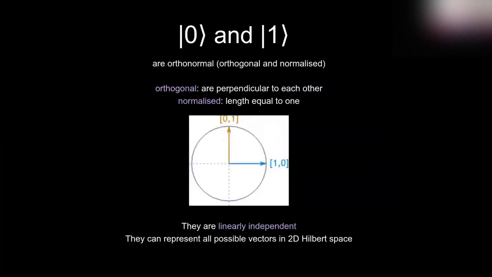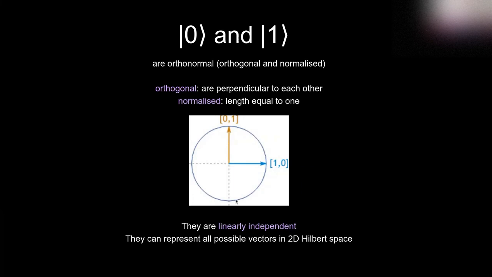So summarizing what we've learned, they are orthogonal, that is perpendicular to each other, and normalized, that is equal to 1 in length. So this is the image we get, that they are at 90 degrees and at 1 unit's length. So we get a unit circle which can represent any point.